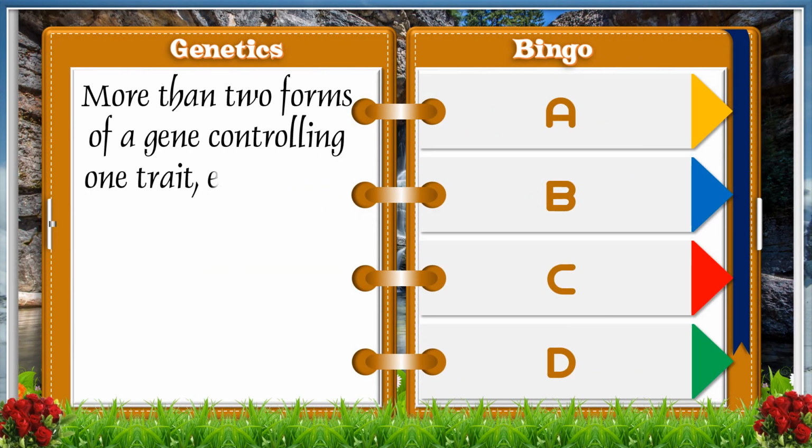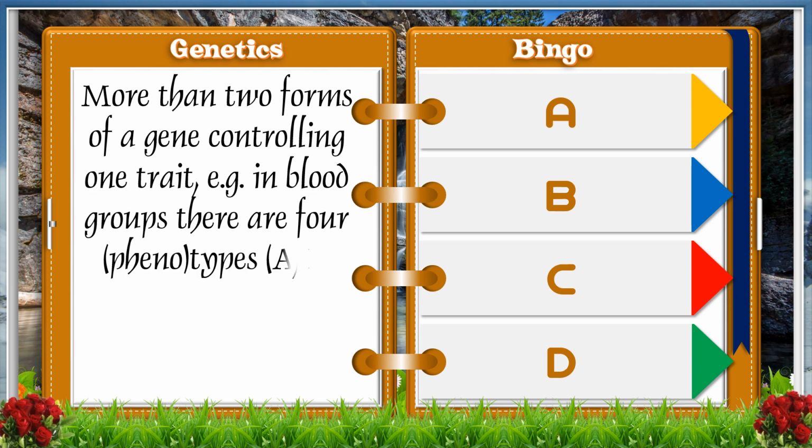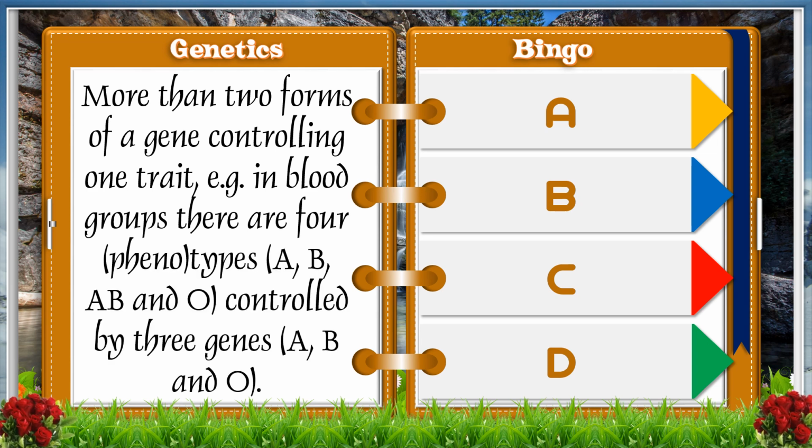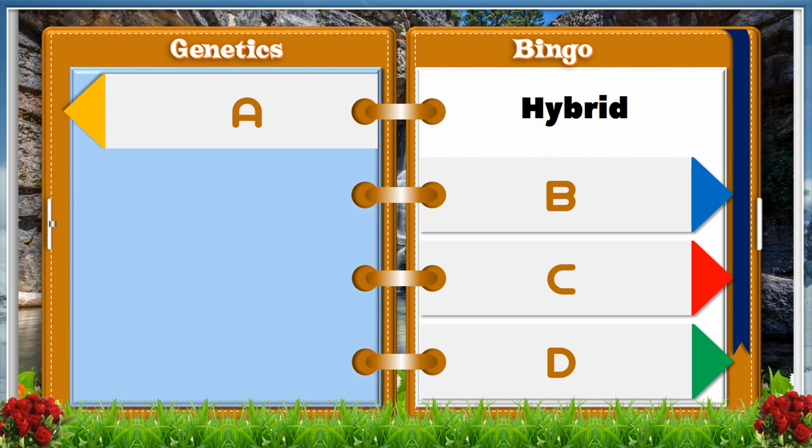More than two forms of a gene controlling one trait. For example, in blood groups, there are 4 phenotypes: A, B, AB, and O, controlled by 3 genes, A, B, and O. A. Hybrid.